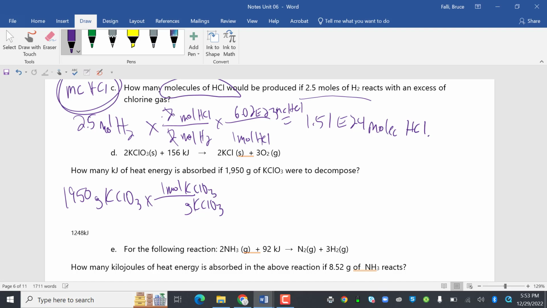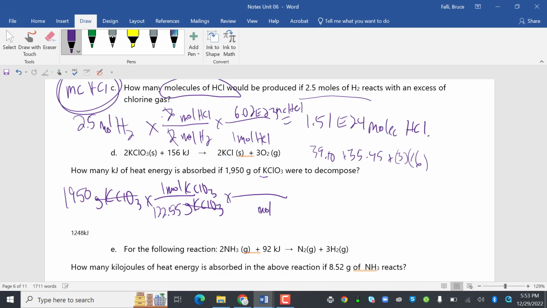So I have to figure out the periodic table numbers. 39.10 is potassium. Chlorine is 35.45 plus 3 times 16. So 3 times 16, enter, plus 35.45 plus 39.10 is 122.55. And then this gets me into moles of KClO3.